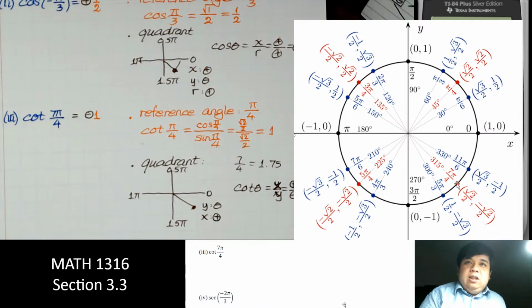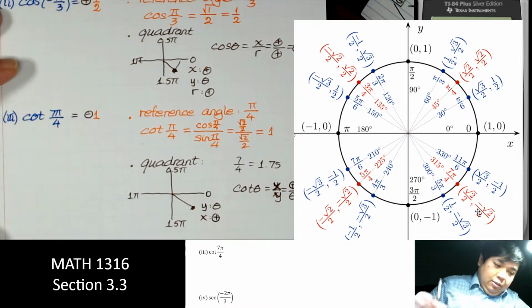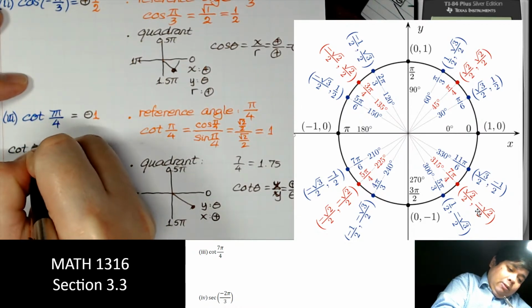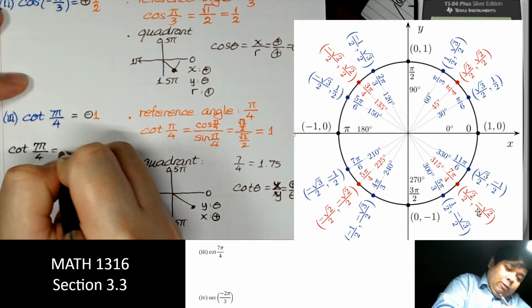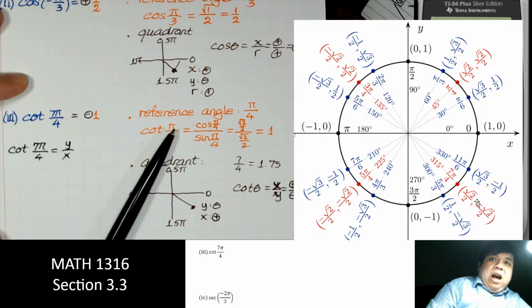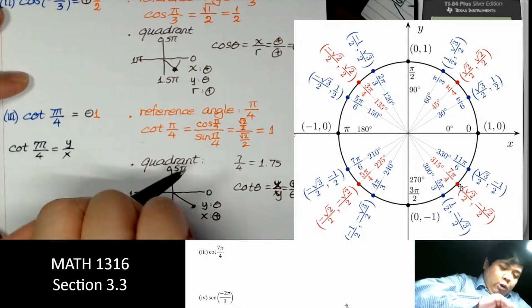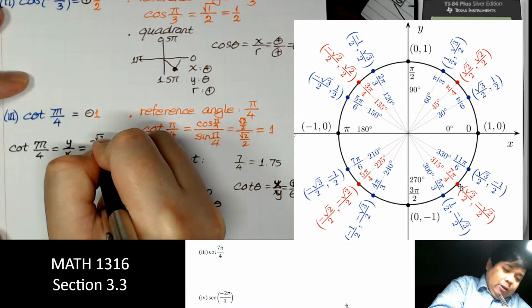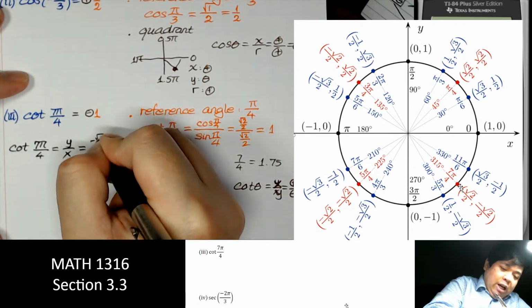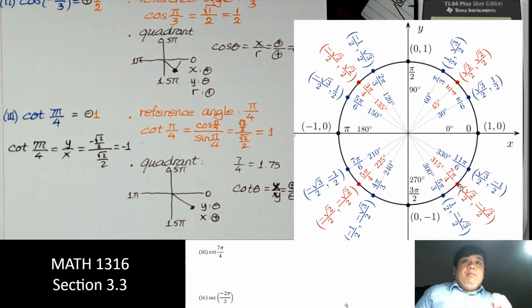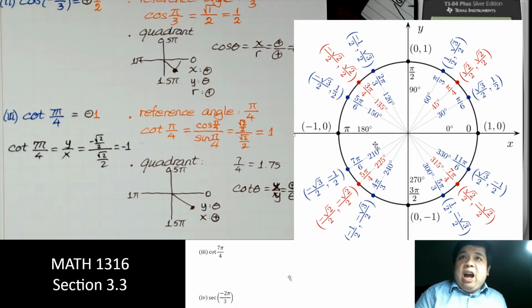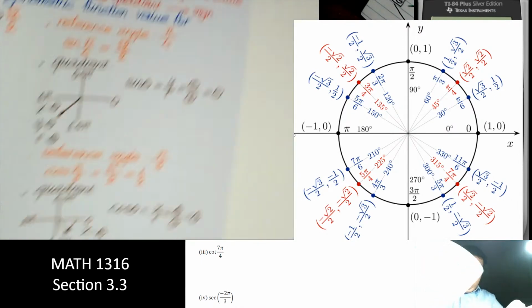And then we just take y divided by x. So we have the x value is square root of 2 over 2, and the y value is negative square root of 2 over 2. The 2 over 2 cancel out, and it is negative 1. So once again, in the unit circle, what we have is the x and the y values, which give us the cosine and the sine values.